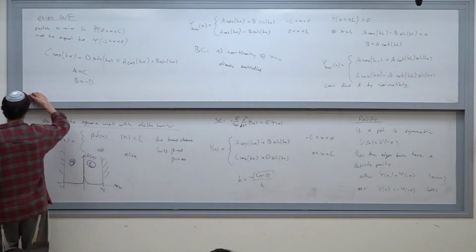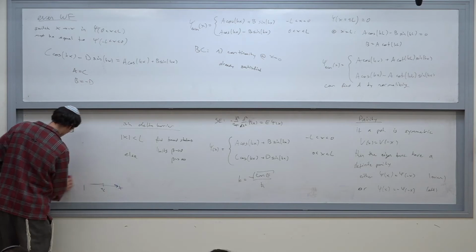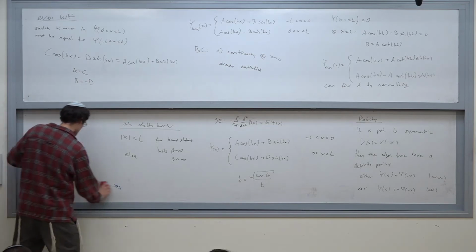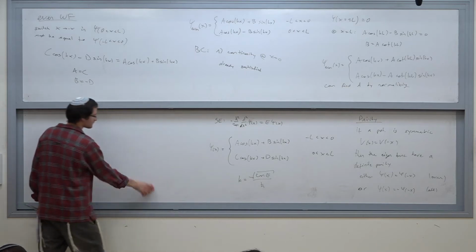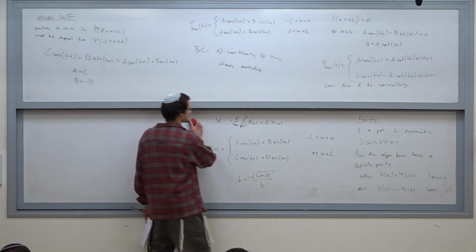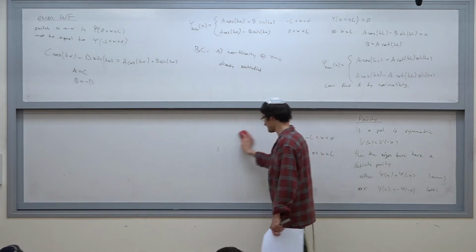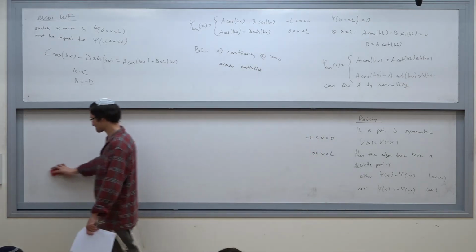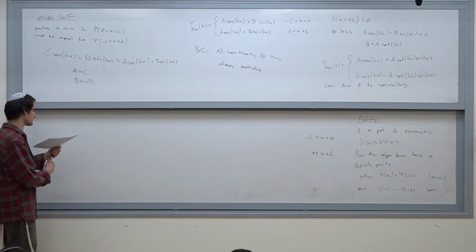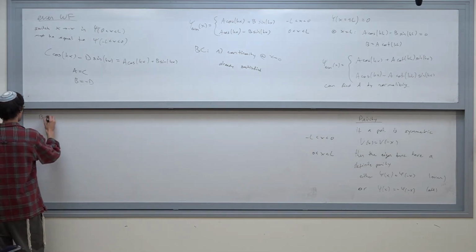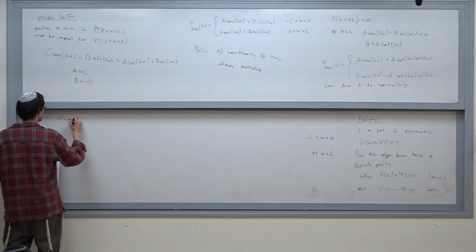What we're interested in are the energies. So for that we need one more equation, and that equation is the discontinuity of the derivative. So let's just prove the discontinuity again and see what it is in this case.